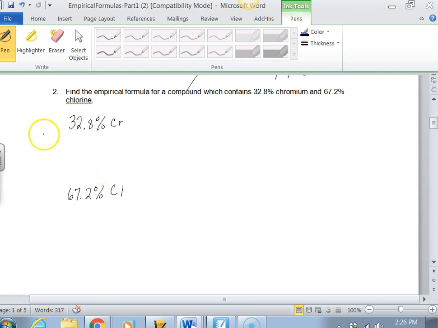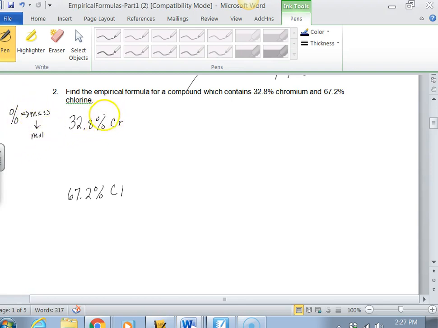Now, we don't have a percent to mole conversion. So what we have to do, if we have a percent, is convert percent to mass and then mass to moles. If we had a mass, we convert mass directly to moles. If we have percent, we convert percentages to mass first and then to moles.